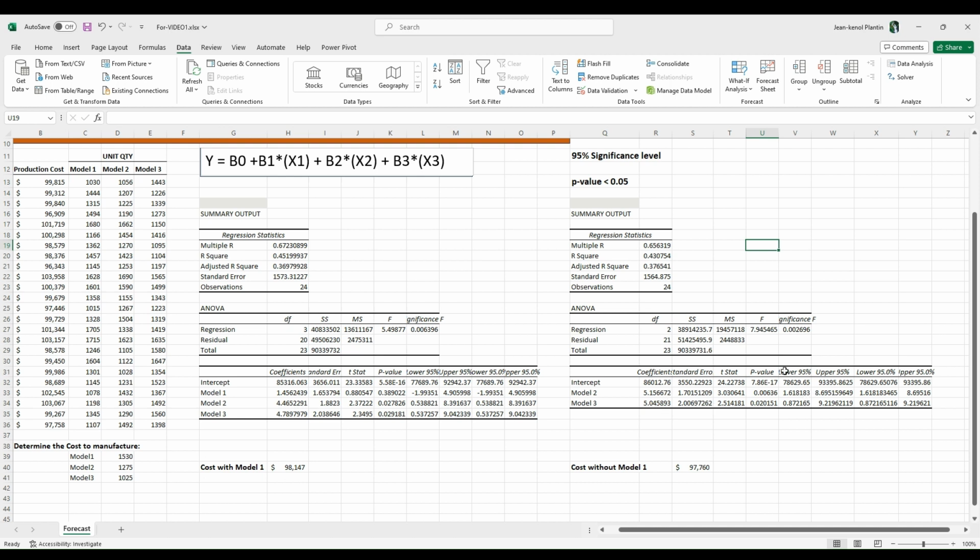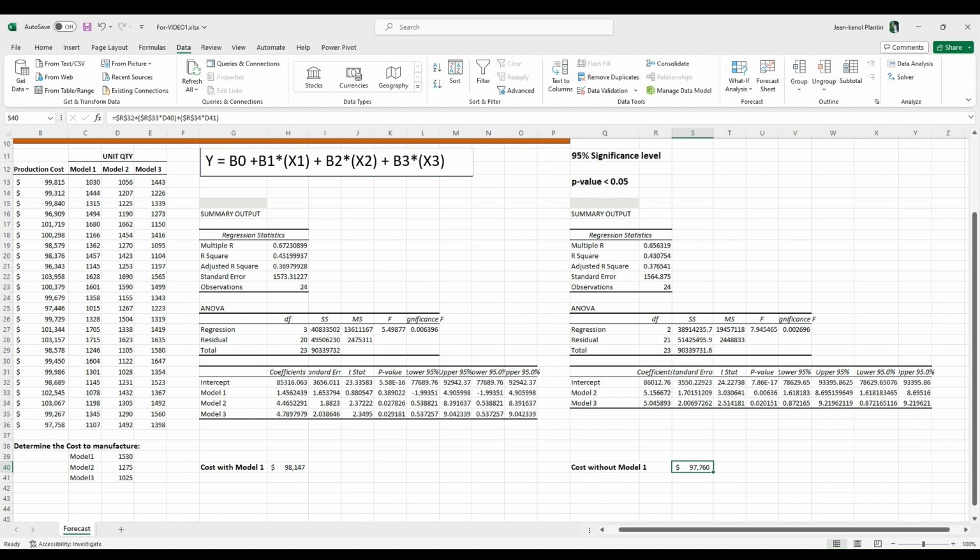And we perform the regression at the 95% significance level, and we see that the p-values for both of them are statistically significant because they are both less than 0.05. When we perform that calculation with the two models together, it's going to cost us 97,000.